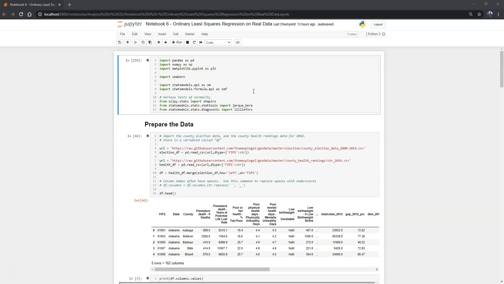All right, so as we begin, we're loading in some data. This is data that we've used in class before, and we're loading it from the online GitHub repository for the class. So the first line just loads in the election data, and the second line loads in the county health rankings data from 2016. Other years are available.